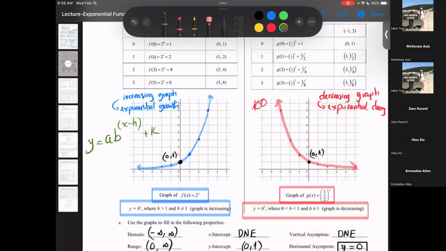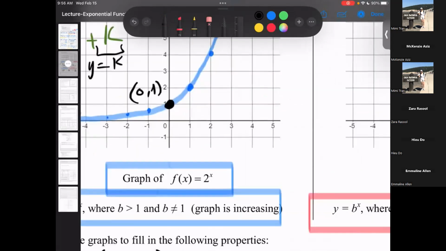If it's negative on the x, then you flip over the y-axis. So the horizontal asymptote comes from the k. That's your horizontal asymptote, y = k. This one I can rewrite as 1 times 2 to the x minus 0 plus 0. So in this case, my horizontal asymptote will be y equals 0.